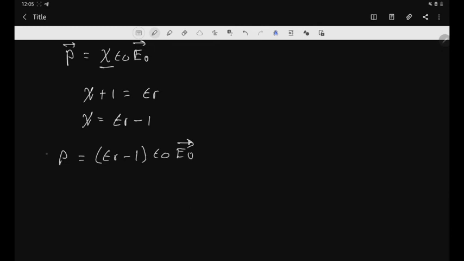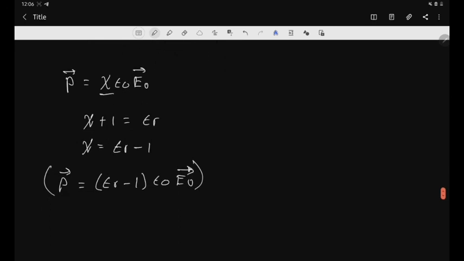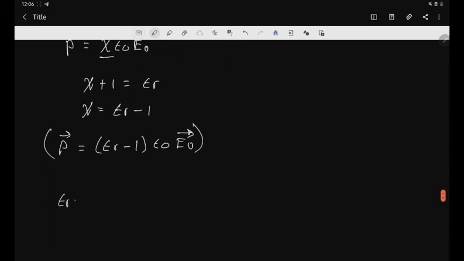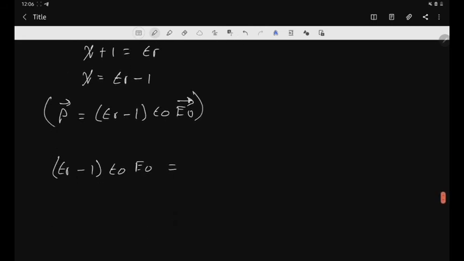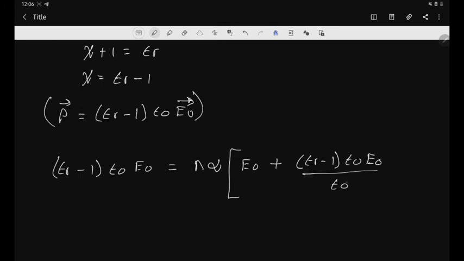Okay, now let us replace this polarization vector in the above equation. On the left hand side we will get epsilon r minus 1 into epsilon naught into E naught, equal to n alpha, and in the bracket we have E naught, that is the electric field due to the free charges, plus the polarization vector, which we replace by relative permittivity minus 1 epsilon naught into E naught, divided by epsilon naught.